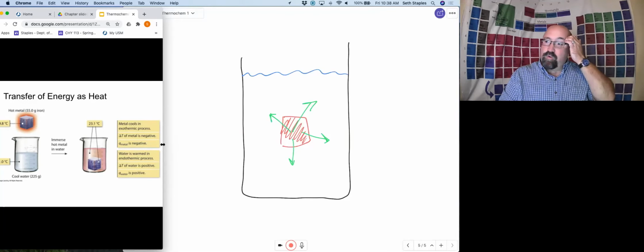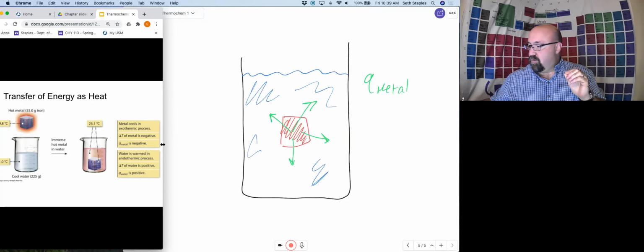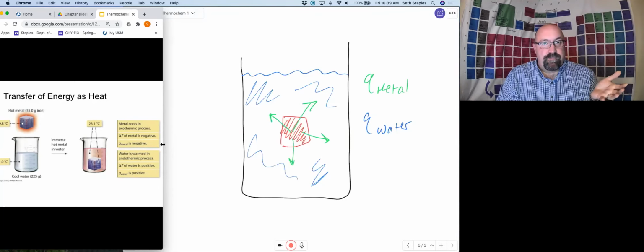As the metal cools down, it's losing this energy out to the water. And so the metal, again, is losing energy. So we have a Q of the metal. The water, here's all of our water in here. The water is gaining that energy.